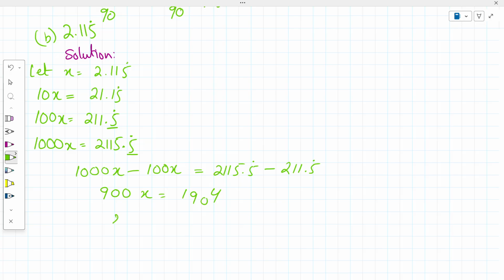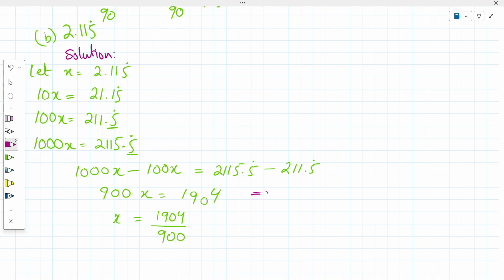According to the balancing, x equals 1904 divided by 900. I hope you understand what we are doing here. Let me explain it again. We want to find the value of x, so this 900 will be eliminated from there.